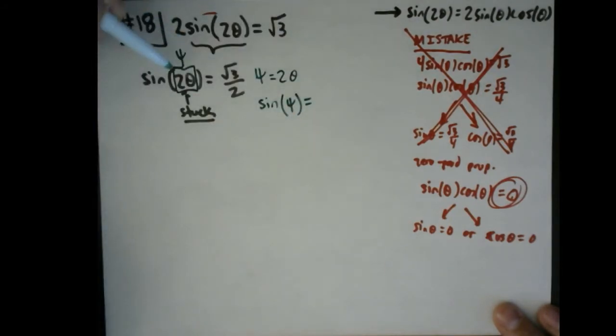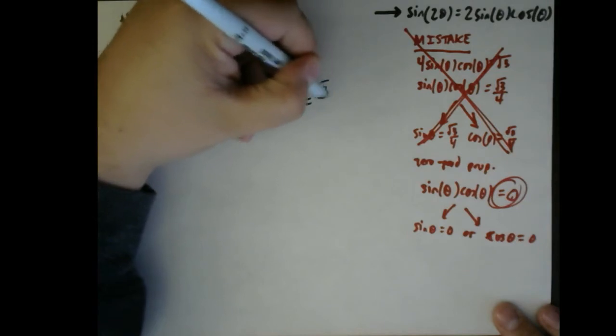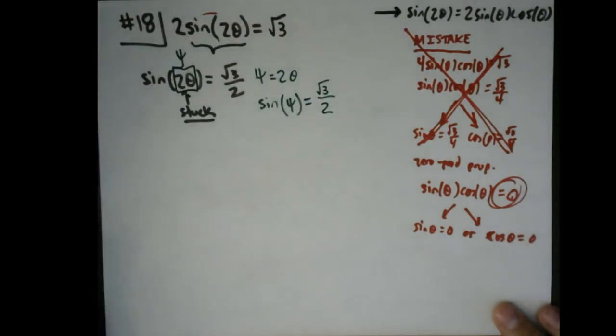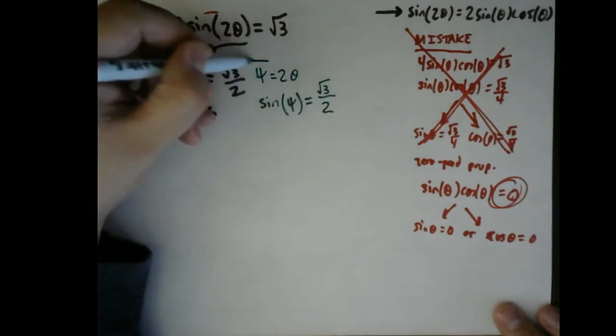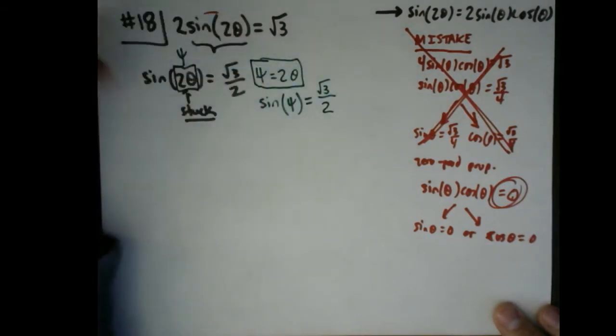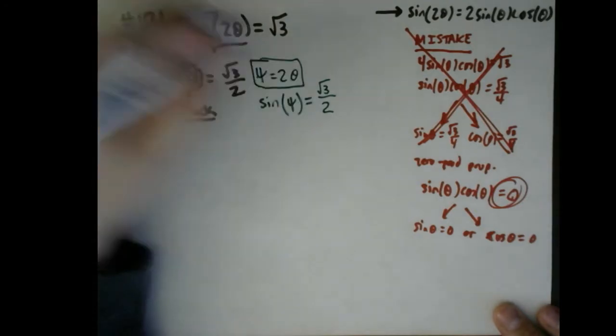In mathematics, giving something a new name opens new opportunities for us. It gives us the ability to do things we couldn't have otherwise felt like we could have done. So if we use this thing's new name, we get this equation. But we can solve this.